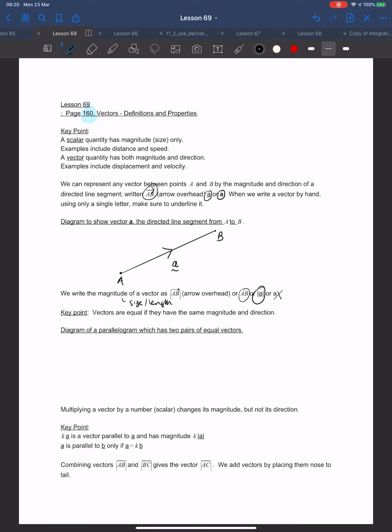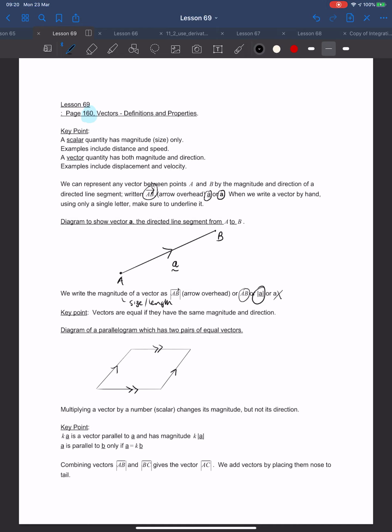Vectors are equal if they're the same magnitude and direction. So I've got here a diagram of a parallelogram, which has two pairs of equal vectors. Let me just do that one again. That's more or less equal. So those vectors are going to be the same, and those are.